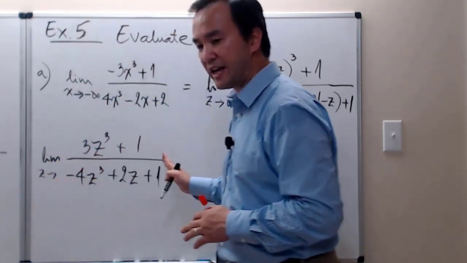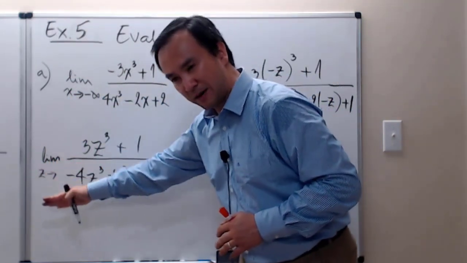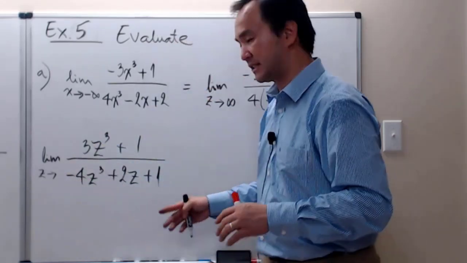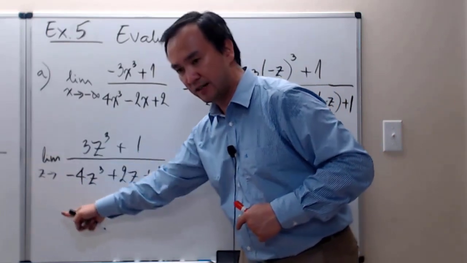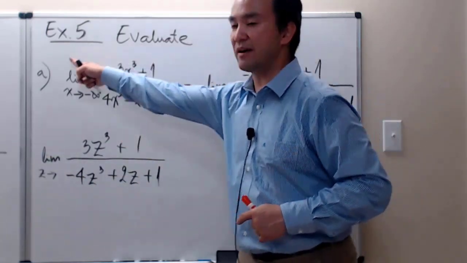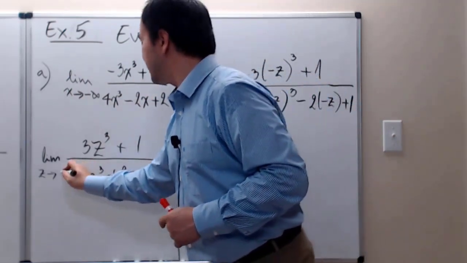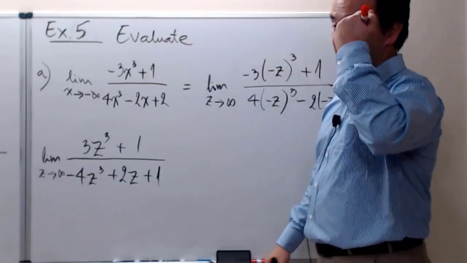Admittedly, we turned our problem into a brand new problem, but whatever answer comes out will be exactly the same answer as our originally posed problem. So this is z going to positive infinity.